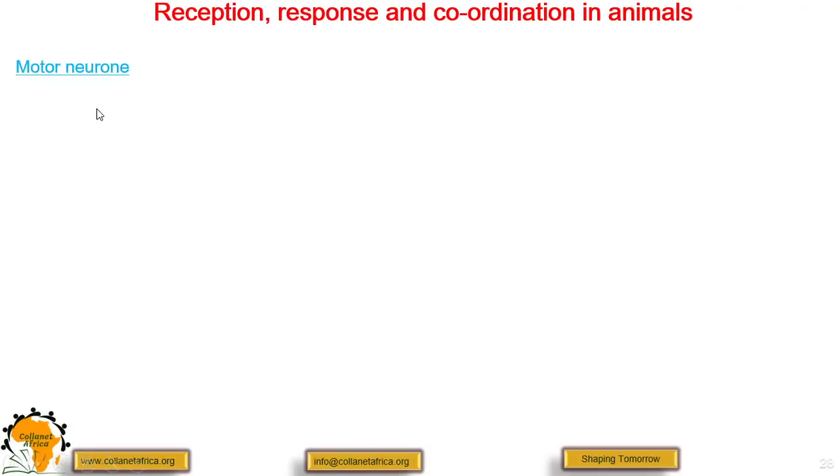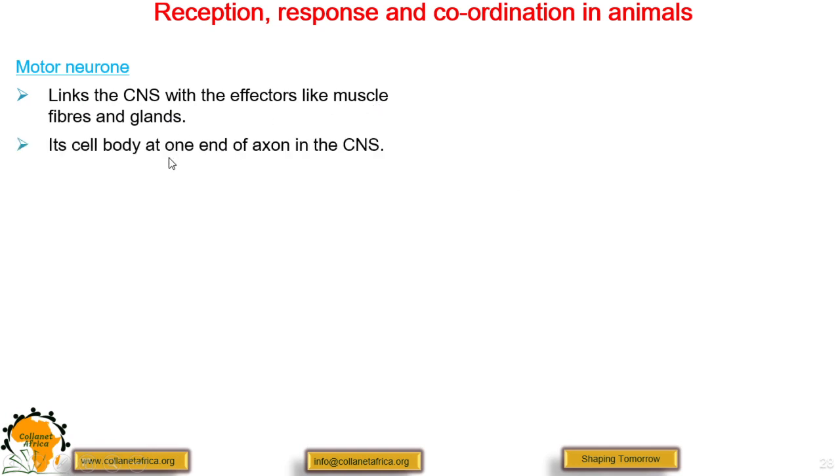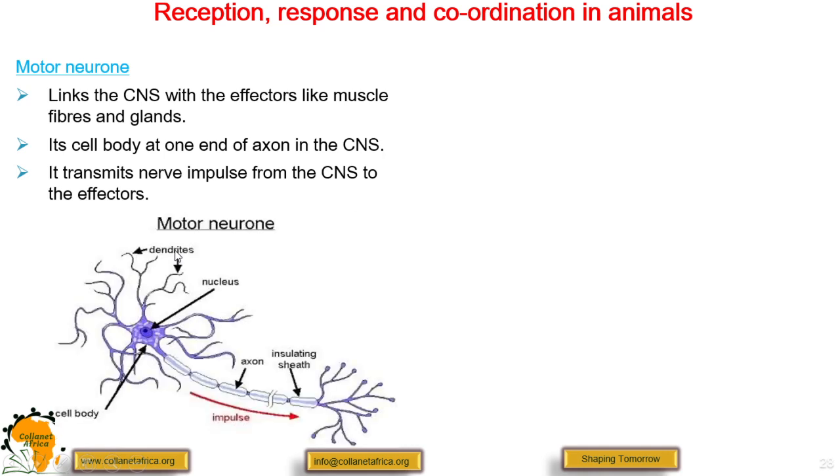The other one is the motor neuron. This one connects the central nervous system with the effectors like the muscle fibers and the glands. The cell body is at one end of the axon in the central nervous system, and it transports information from the central nervous system to the effectors.